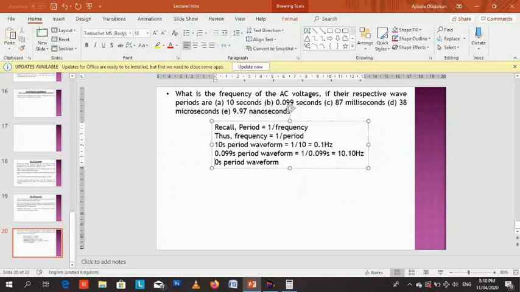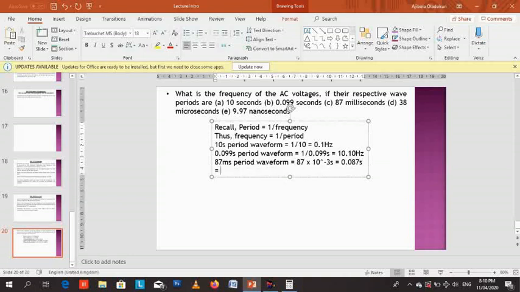Let's go for the next signal. It has an 87 milliseconds period. This means it needs 87 milliseconds to have one complete cycle. Remember that milli is 10 to the power minus 3, so that's 87 times 10 to the power minus 3 seconds. If you move the dot to the left 3 times, that will be 0.087 seconds.